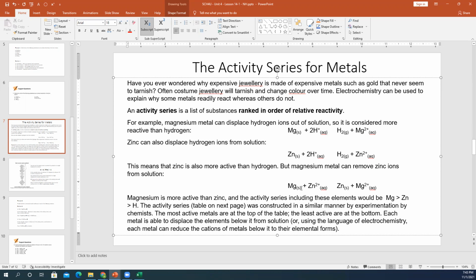So here, magnesium is more active than zinc because it can displace zinc ions out of solution.